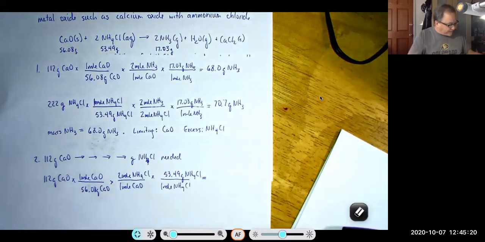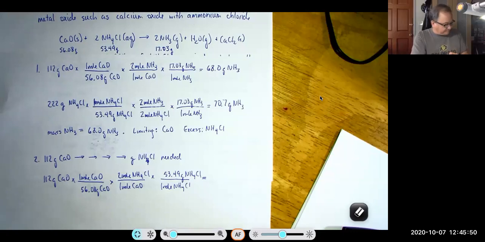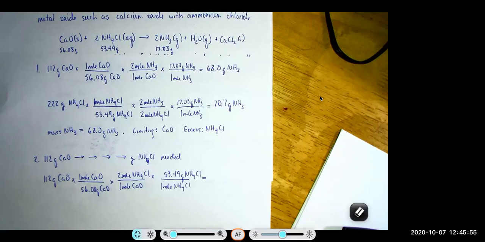Let's see how many grams we need. Can you estimate this answer? We could do the 56 into 112 again for 2, and then would you multiply the 53.49 by 2? And what do we get? Well, 53 times 2 is 106, and there's the other 2 left over.